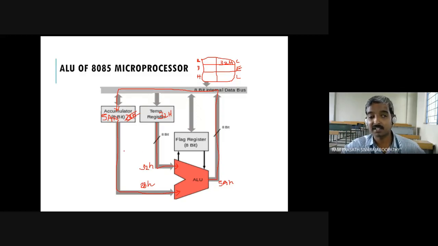Further addition நடக்காது. Further addition எப்ப நடக்கும்? Again add C கொடுத்தீங்கன்னா என்ன ஆகும்? 5A again 32 இந்த கண்டென்ட் கூட வந்து ஆட் ஆகும். Okay, so what is the meaning for accumulation?